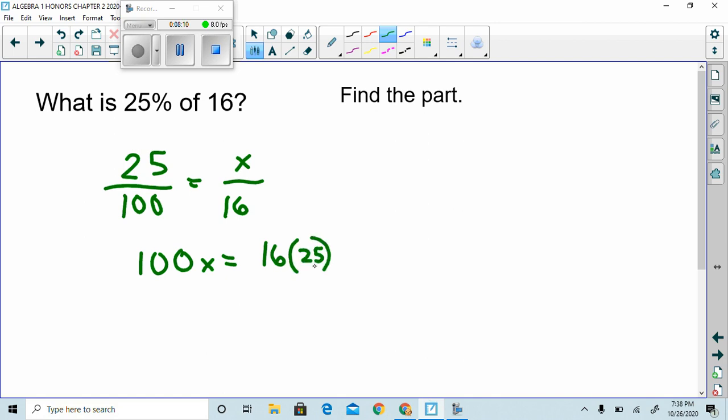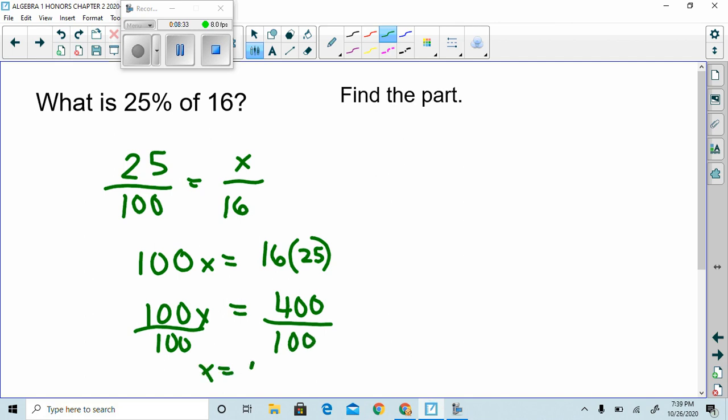You go ahead and you multiply and then divide by 100. Can't get much easier than that. We have 16 times 25, which will give us 400. And then we'll divide by 100. And x is equal to 4.